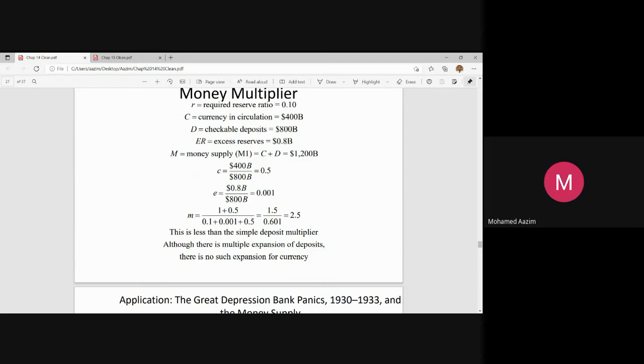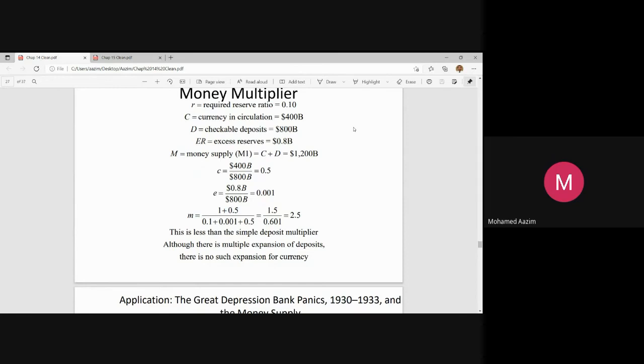So you also have checkable deposits. That is D. That is $800 billion. So from this 400 and this 800, C and D, you can easily derive small c. You have learned that.